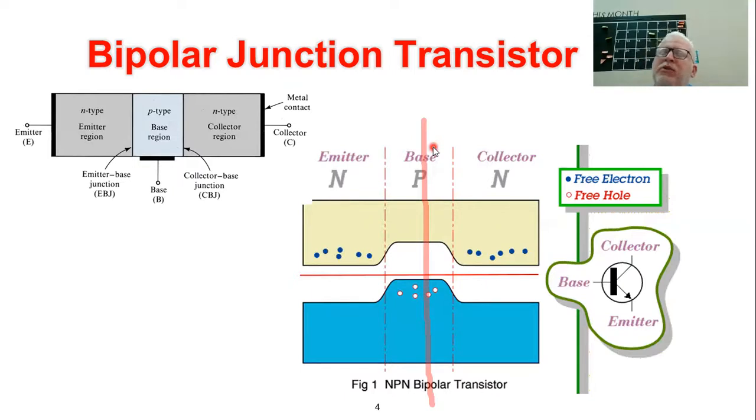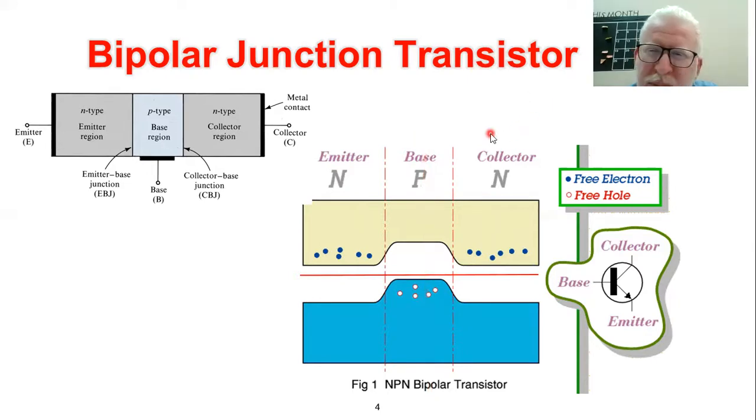What we are doing now is investigating the impact of these 4 different configurations by connecting these 2 junctions into either a forward bias or a reverse bias, and then we can check the impact. Okay, perfect. So let's start with the first combination, which will turn out to be the most interesting combination.